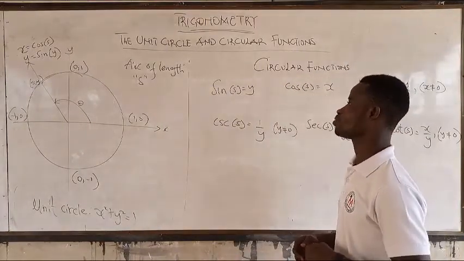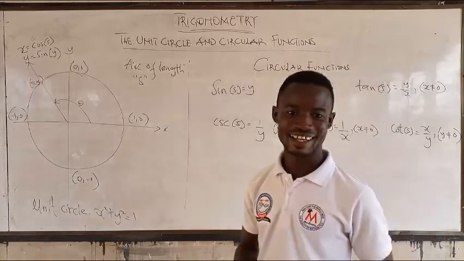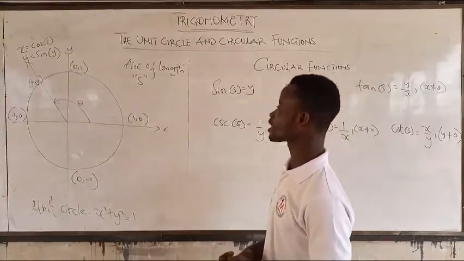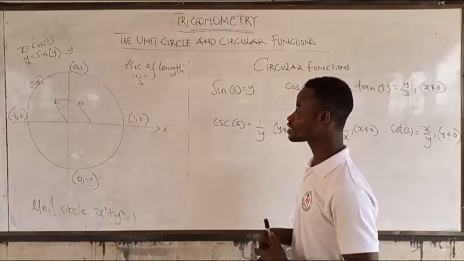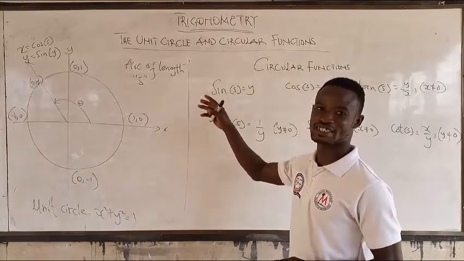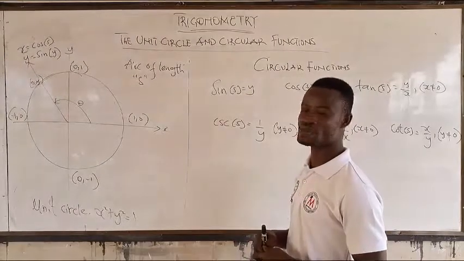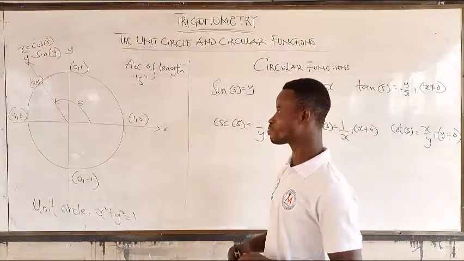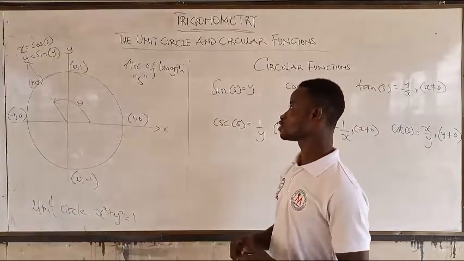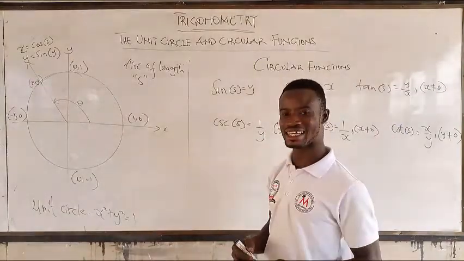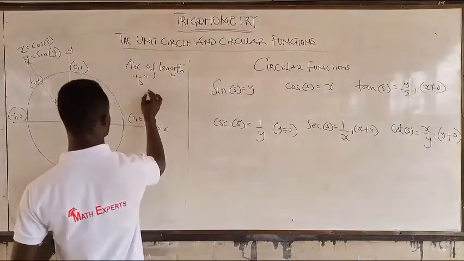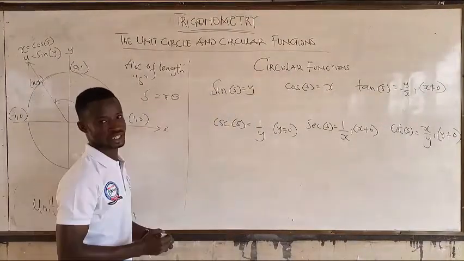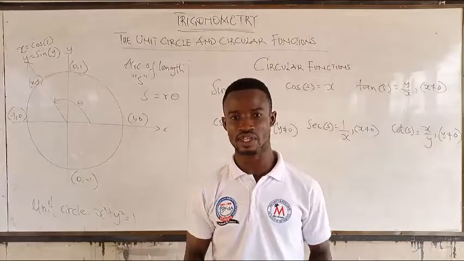So from this figure here, this is what we call the unit circle. This is the unit circle at the standard position. Now, don't forget that you know that arc length, which is S, is equal to R times theta. R times theta.